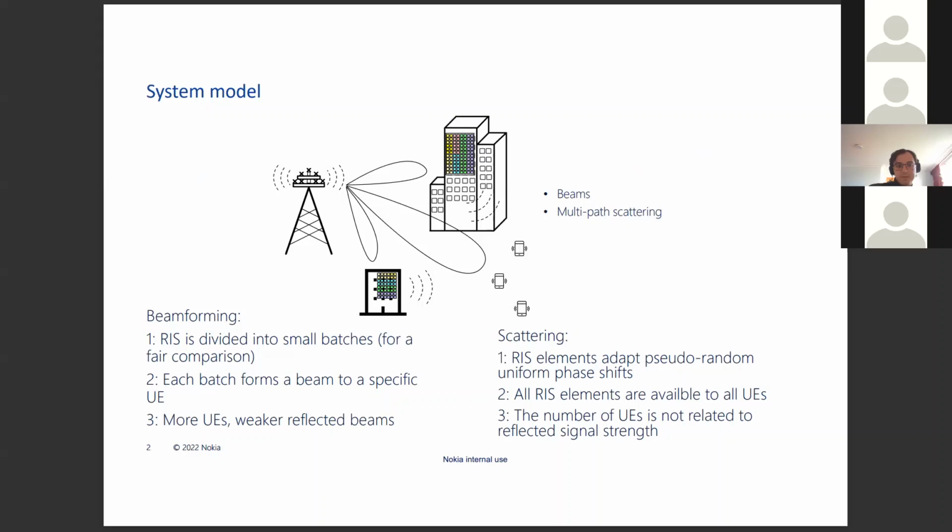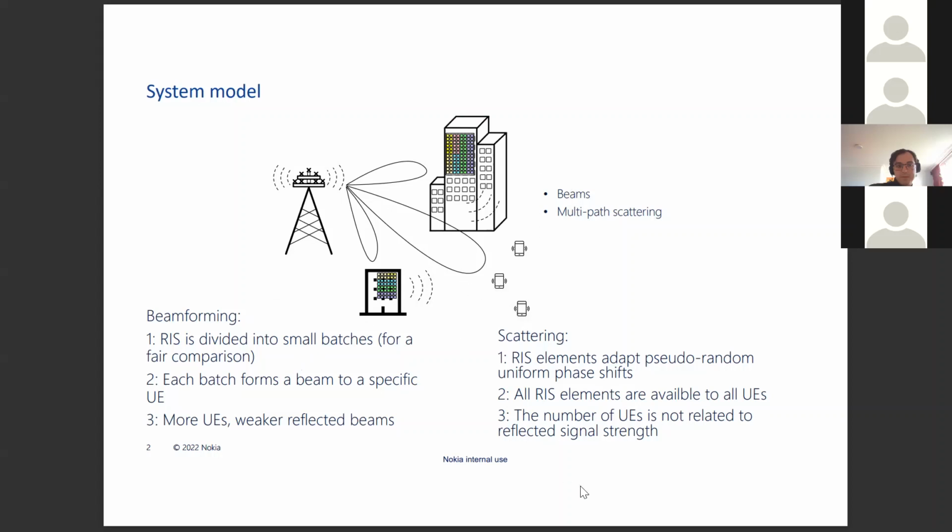In my work, I started by comparing how to configure this big antenna surface, named reconfigurable intelligent surface. There are two schemes. One is beamforming, meaning all the small antennas work cooperatively to beamform energy to the user.